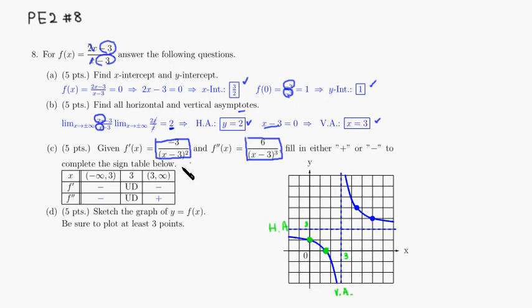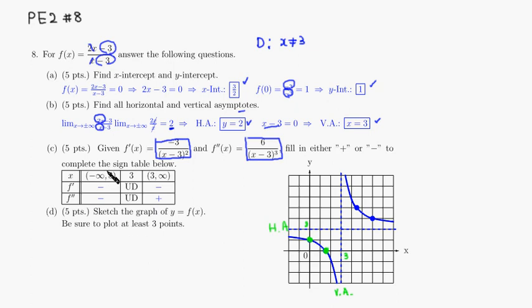We're going to divide the whole interval at 3, because the domain of the original function is all real numbers except for 3. So x cannot be equal to 3. So we divide into two intervals: negative infinity to 3, and 3 to positive infinity.